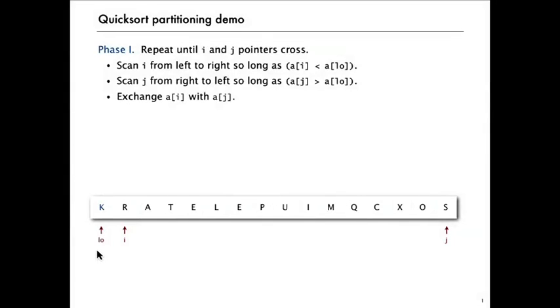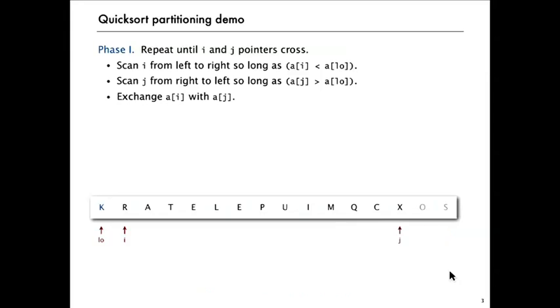So we start again by picking k as the partitioning element, and then our method is to move the I pointer from left to right as long as what we have is less than the partitioning element, and move the J pointer from right to left as long as it points to an item that's greater than the partitioning element. So in this example, the I pointer stops right away because it's pointing to an R, which is bigger than the partitioning element.